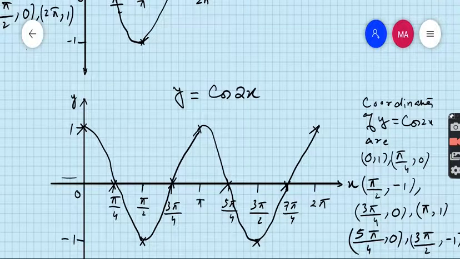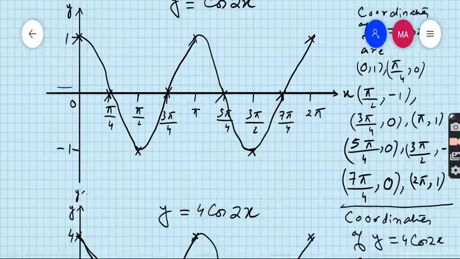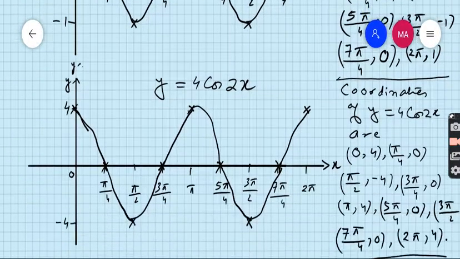Focus till 2 pi. The next graph is y equals 4 cos 2x.